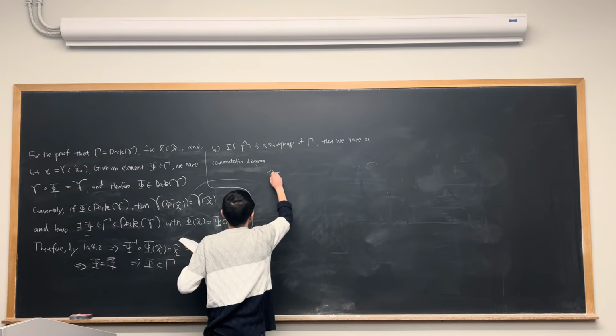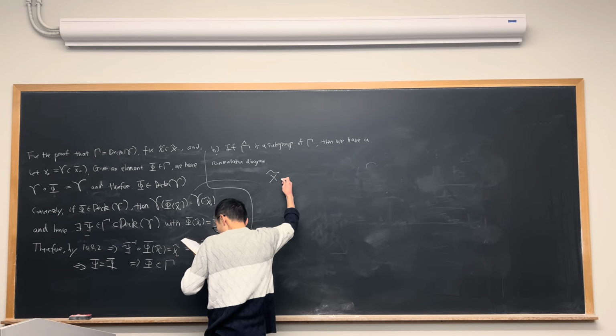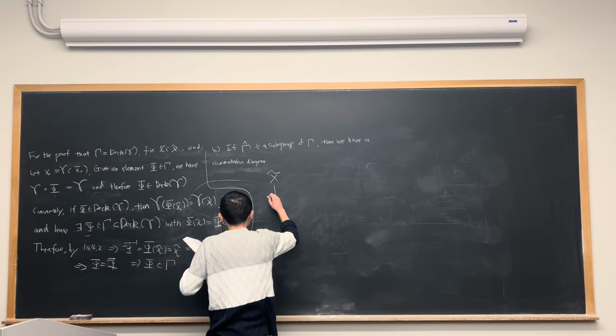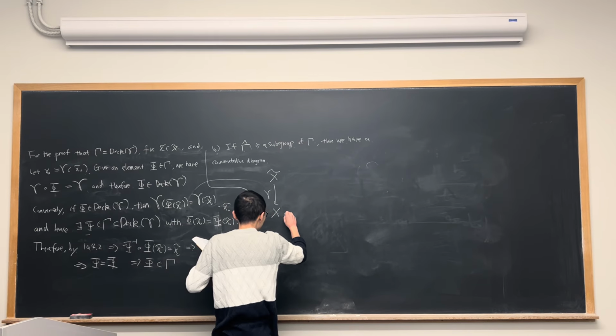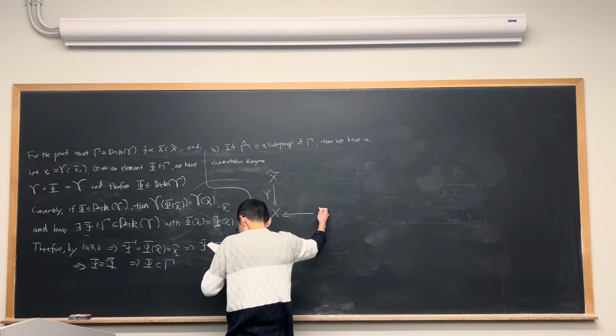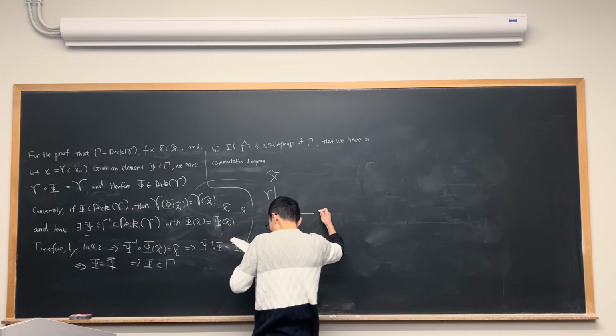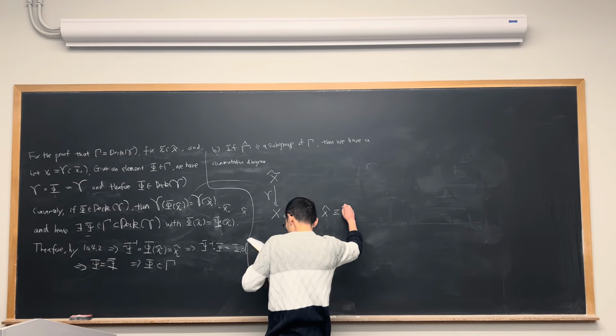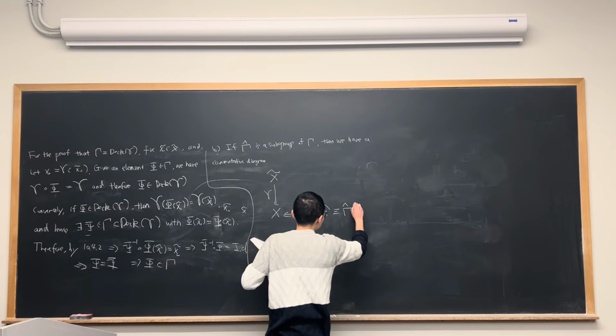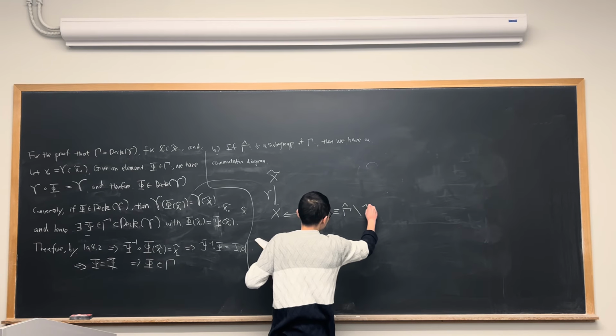Okay, so let me draw the diagram. This is x tilde, this is gamma, this is x, and here is x hat, which is defined as x tilde modulo gamma hat.